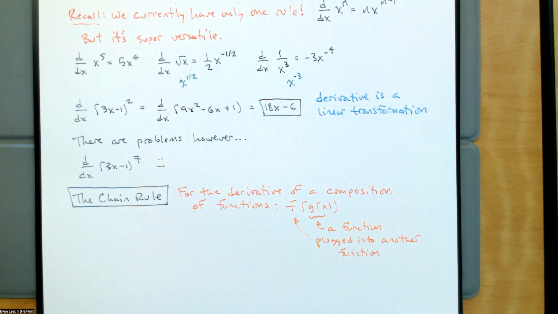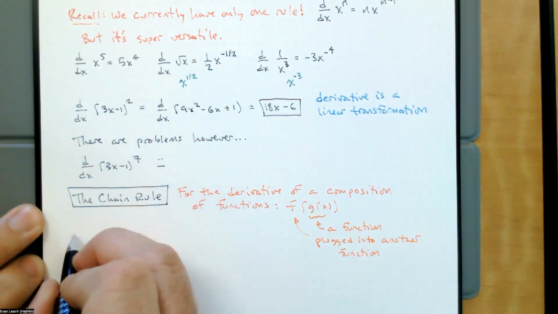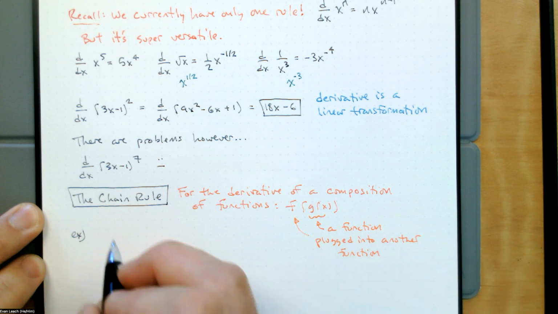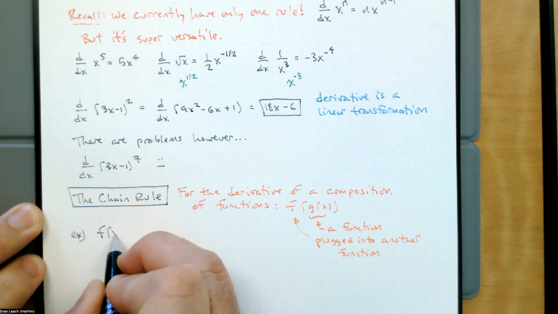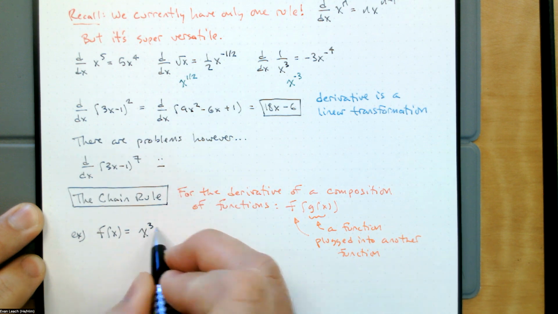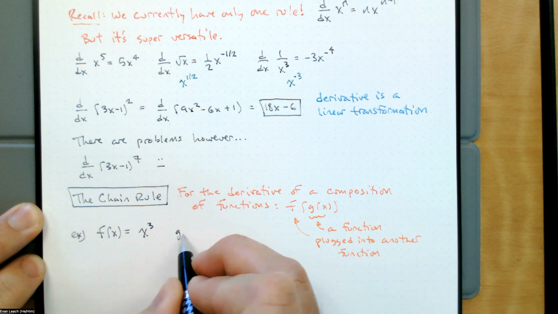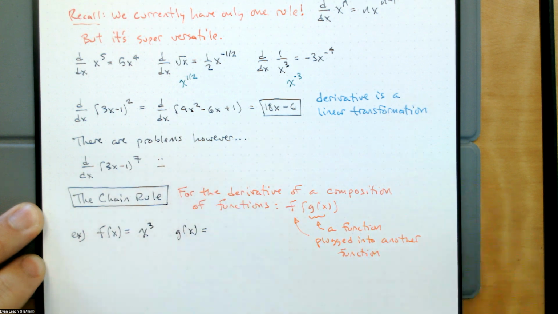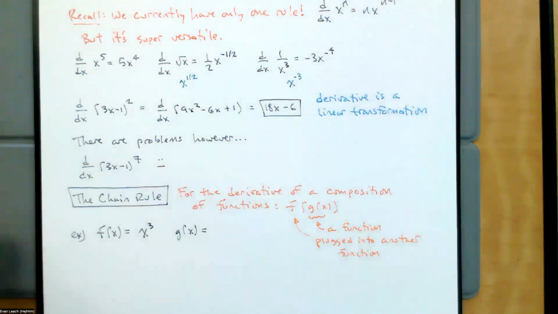So we have f of g of x. So let's make a couple of functions. Let's suppose that f of x is x cubed. And let's suppose that g of x is one that we've used before.